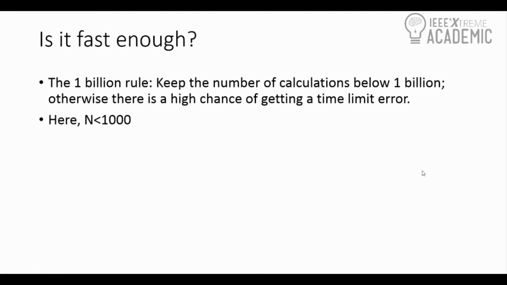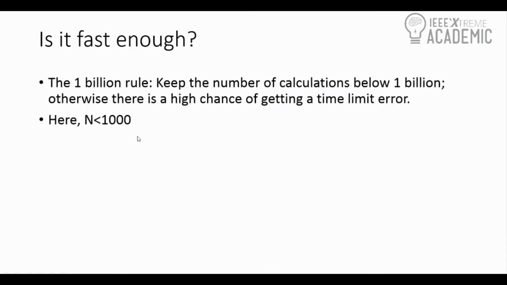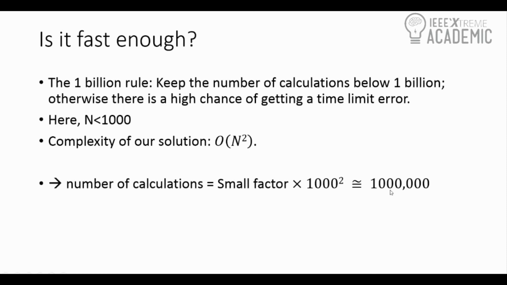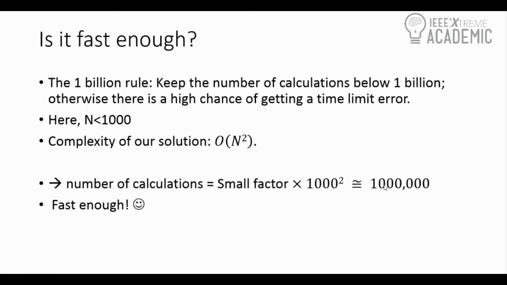If you want to see how many calculations we have in this algorithm, keep in mind that n is given to be less than 1000 in the problem. So we do about n squared operations, which is a small factor times 1 million, much smaller than 1 billion, so we're good to go.